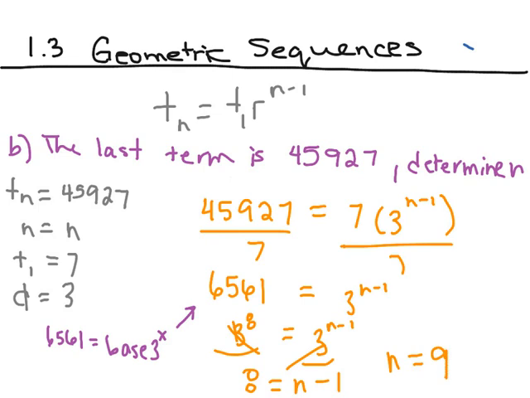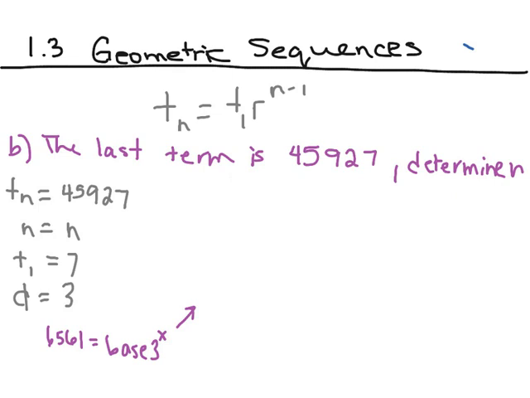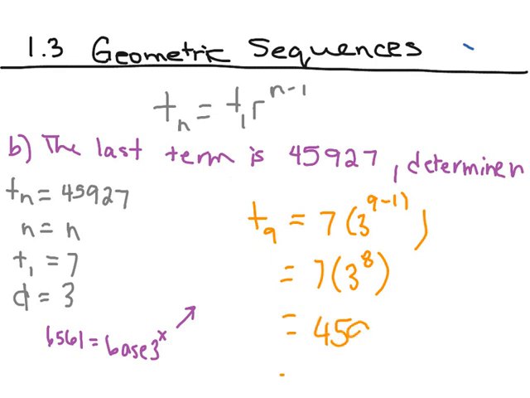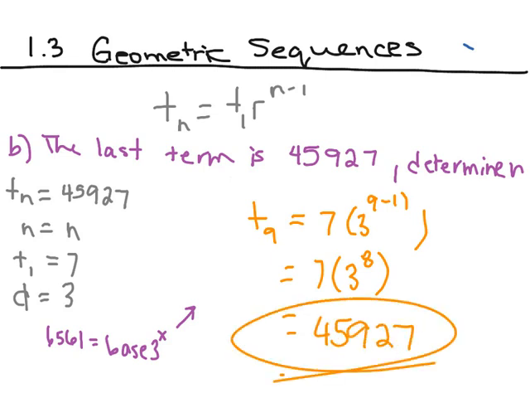To test this, you can put it back into the equation. So T9 is equal to 7 times 3 to the 9 minus 1, so 7 times 3 to the power of 8, and you get 45,927.